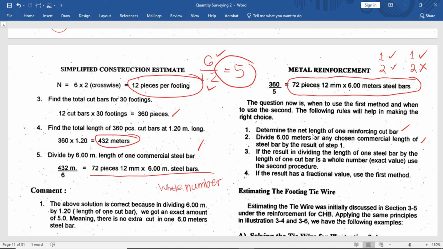So, ang mapili nyo is 9 meters or 7.5, i-divide nyo siya by the net length of the cut bar. If the resulting value of one steel bar divided by the cut bar is a whole number, use the second method. Pero pag fractional naman yung value, use the first method. So, yun yung condition natin.